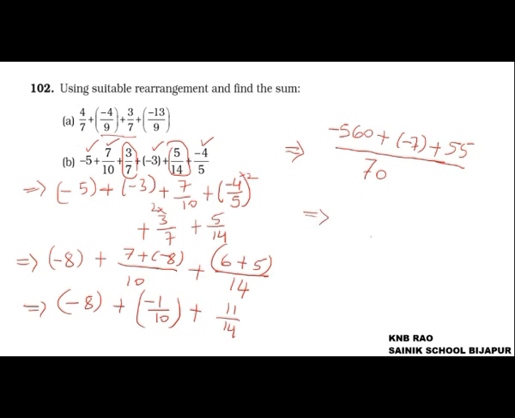Now on simplification, we get minus 512 upon 70. Further we can simplify.